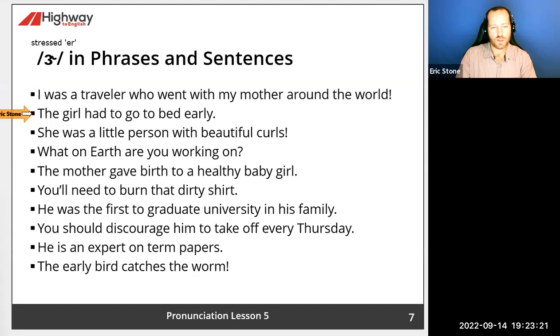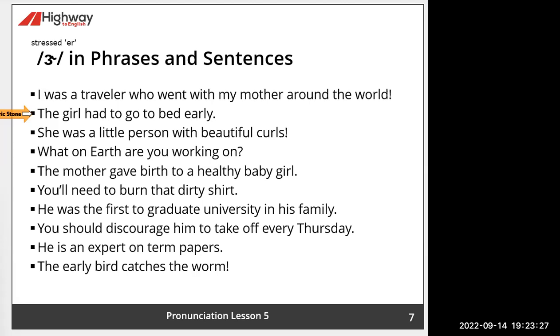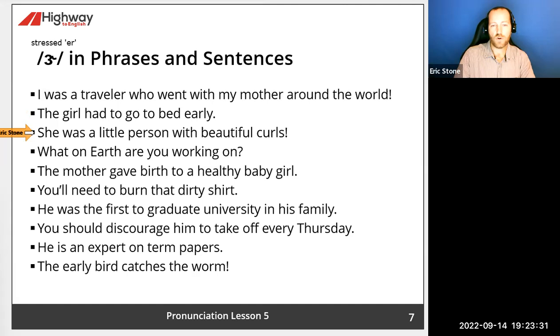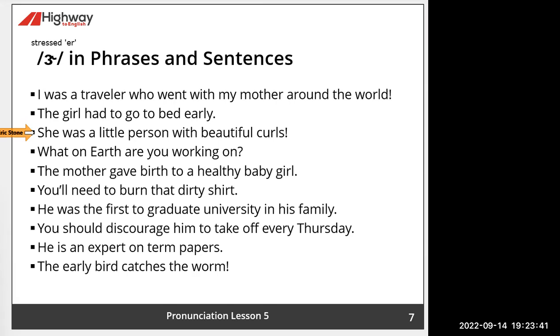Number two, the girl had to go to bed early. Basima. The girl had to go to bed early. She was a little person with beautiful curls. She was a little person with beautiful curls.